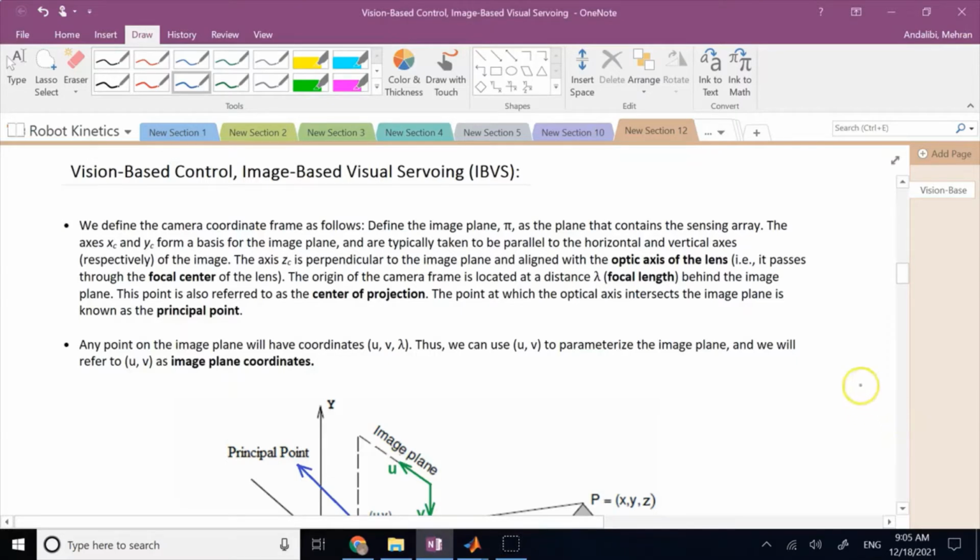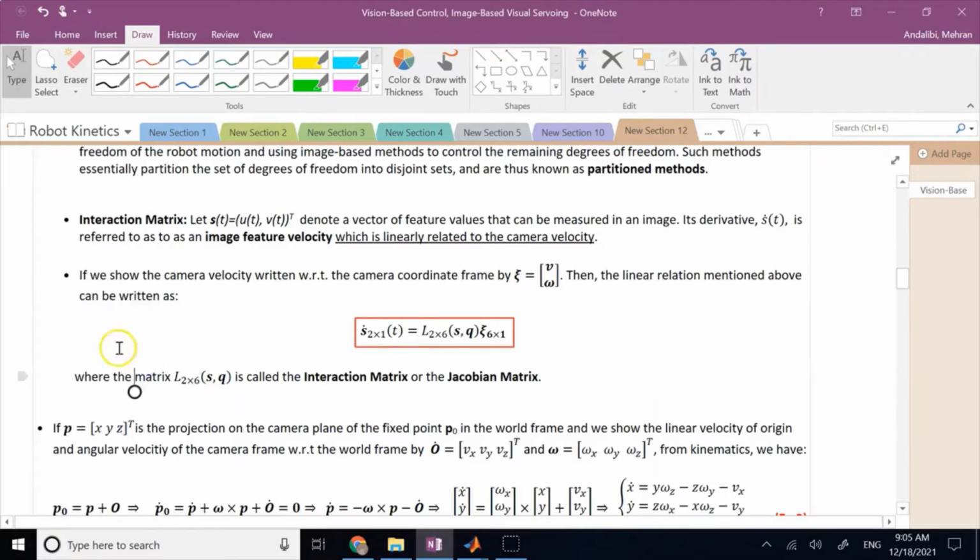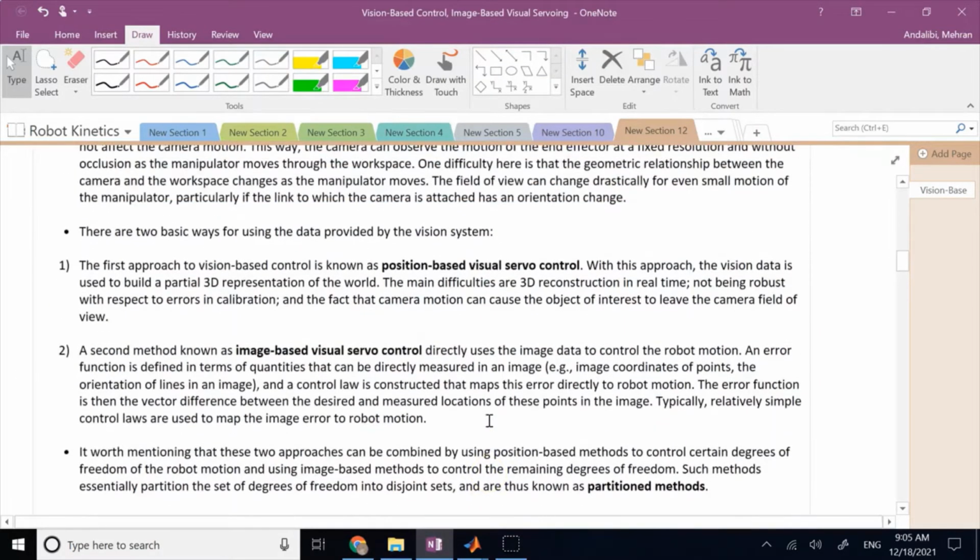Let me talk about these two different ways that you can use computer vision data right now.